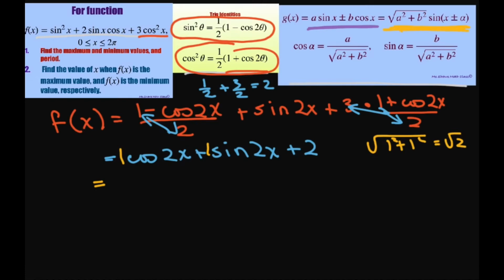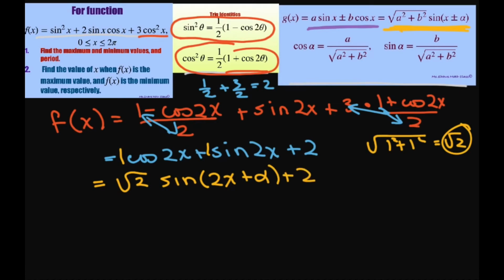What we're going to do is write it like this. So this is going to be the square root of a squared plus b squared, which is square root of 2. And then you're going to have sine, and then our angle is 2x plus alpha. I already know the alpha, but let's do that.